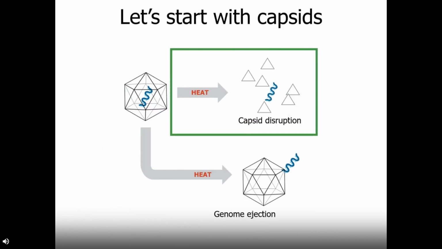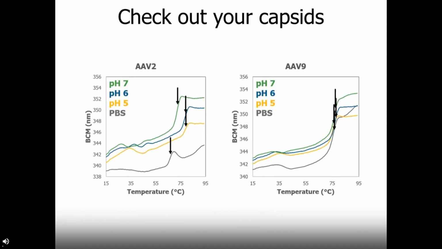So first, let's start with capsid stability and protein unfolding. On the left, we have AAV2, and on the right, we have AAV9. What we're seeing here is exactly when proteins start to unfold in response to increased thermal stress. With AAV2, starting with PBS at pH 7.4, we see the earliest unfolding of those capsid proteins, and then as we get more acidic in our pH, you start to see later and later protein unfolding.